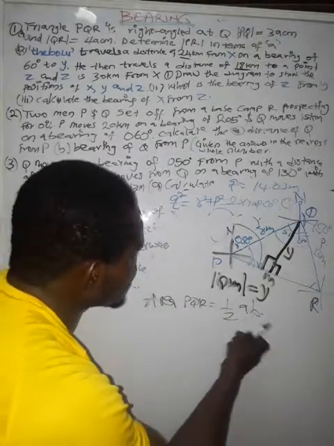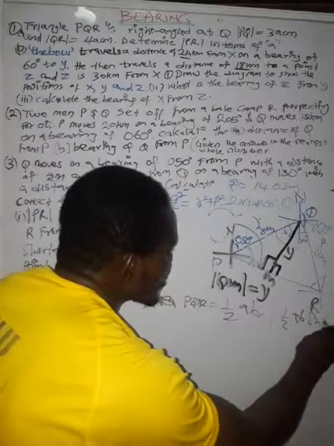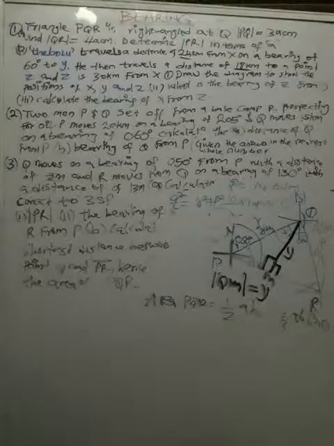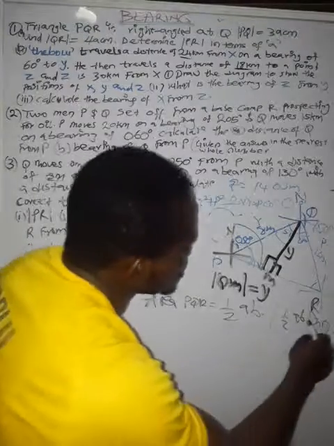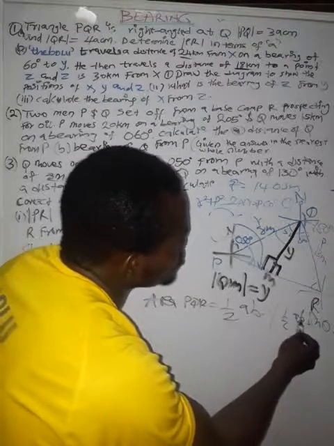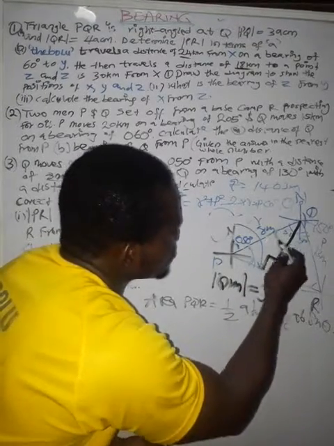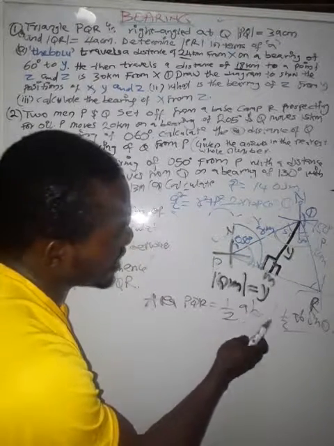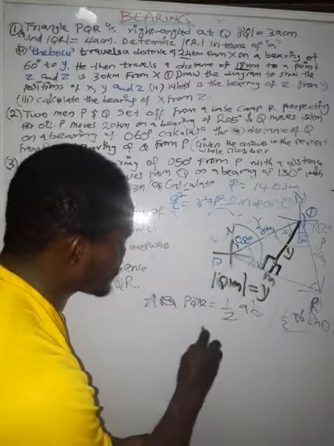We can solve it as half base times height, or as half AB sine theta. If you use the sine formula, the two sides are 8 meters and 30 meters, and the angle between them is what we use. But in this case, it will become the height and the base. So I'm using this one.